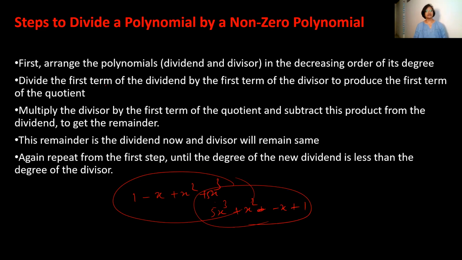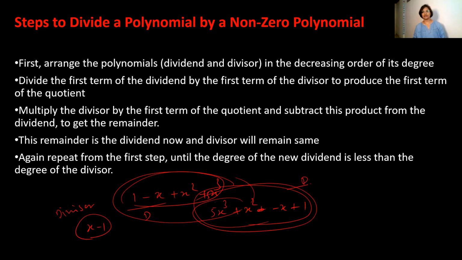Second step: divide the first term of the dividend. Suppose you are dividing by this; this is the divisor and this whole expression is the dividend. You have to learn these keywords also, so it will be easy to learn these steps. The first term of the dividend is 5x cube.